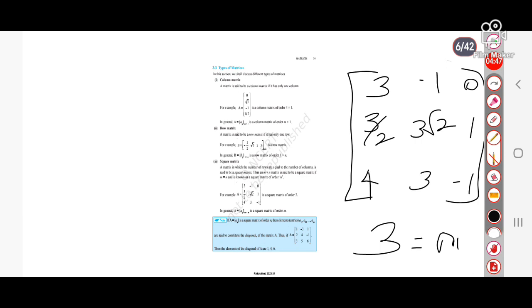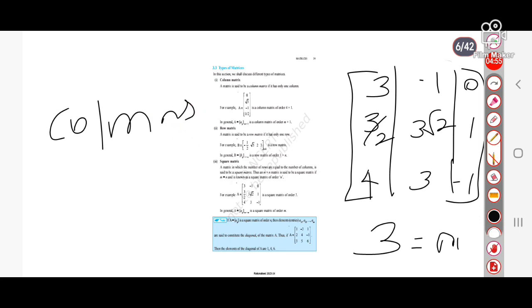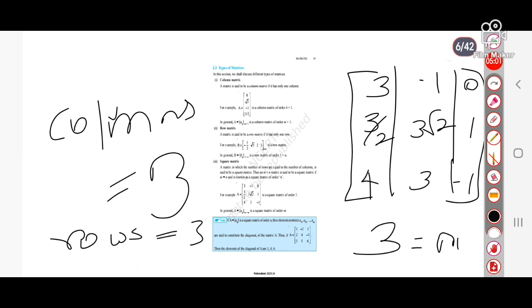Here the number of columns is 3, and the number of rows is also 3.